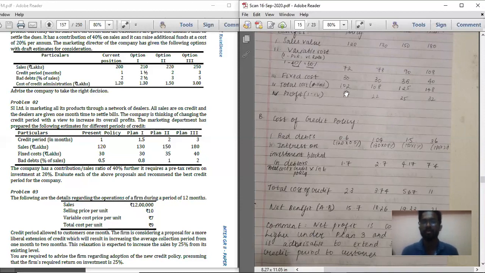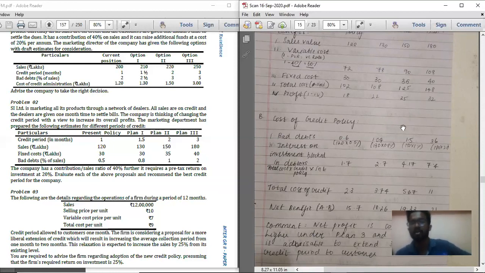And for plan 1, what is the total cost? 108. So 108 into credit period, 1.5 months, so into 1.5 divided by 12 into 20%, that is 2.7. In respect of plan 1, record 2.7. If you want, you can take down in the bracket 108 into 1.5 divided by 12 into 20%.